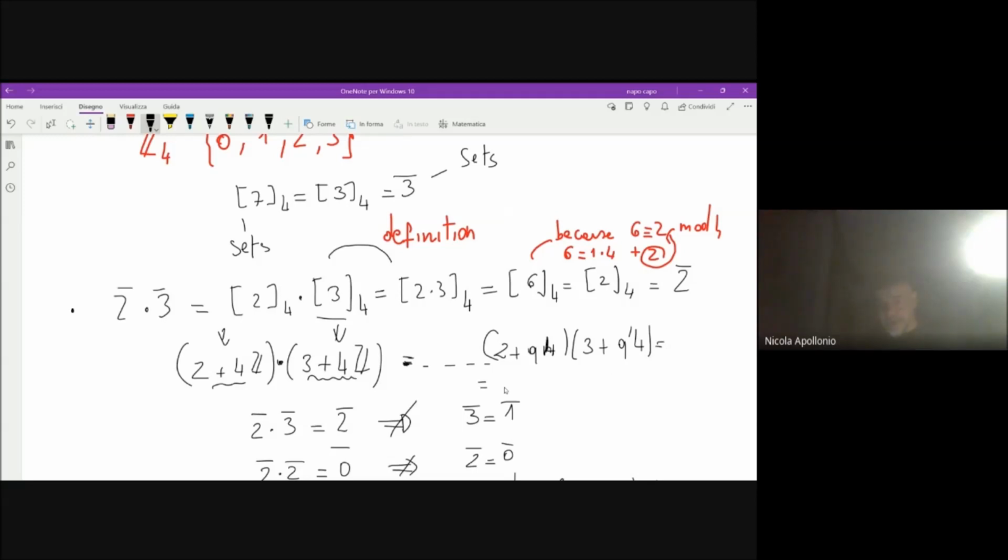So let us do this small computation: 6 plus. Now, don't let me skip, because look, 2 times 3, and all the other terms are obtained by multiplying one of the elements in the first bracket by one of the elements of the other bracket.